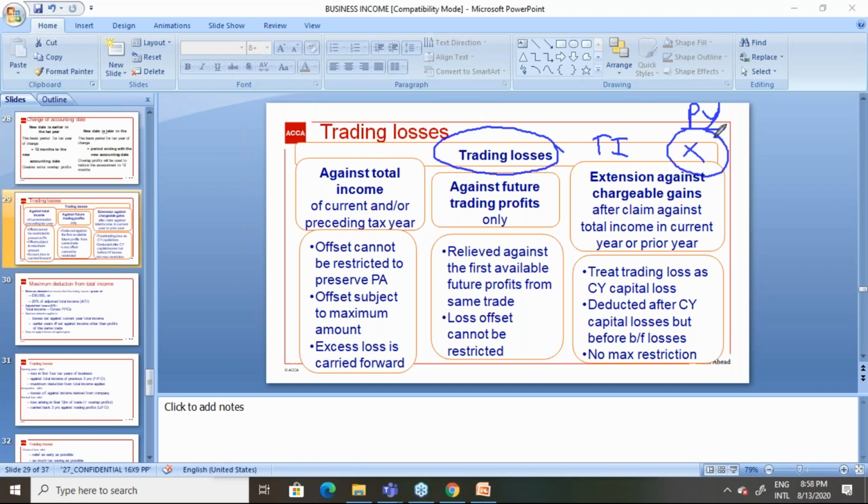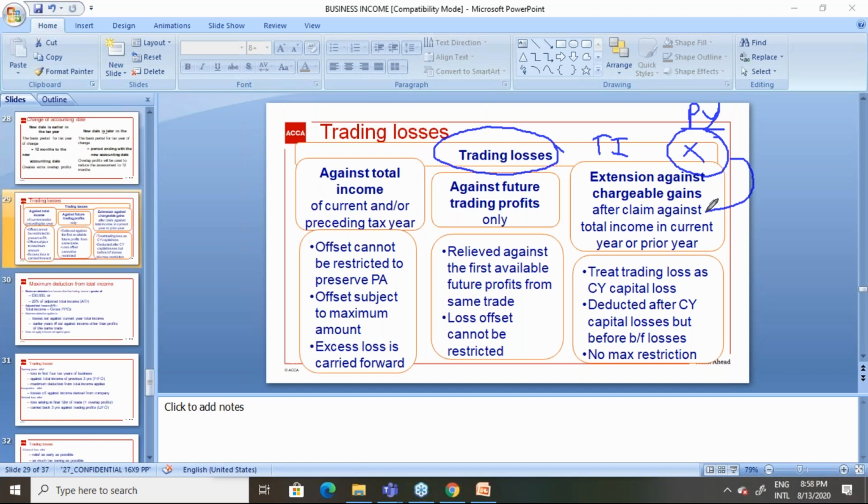If there is any unrelieved amount, only the balance can be set off against the previous year chargeable gain. So if you want to set off your trading losses against chargeable gains, you cannot do it at once. First, you should try to set it off against the total income of the previous year. Only then can you use the previous year chargeable gain.